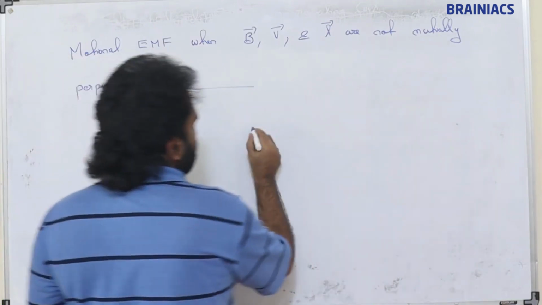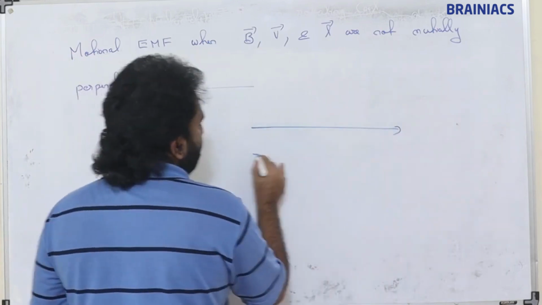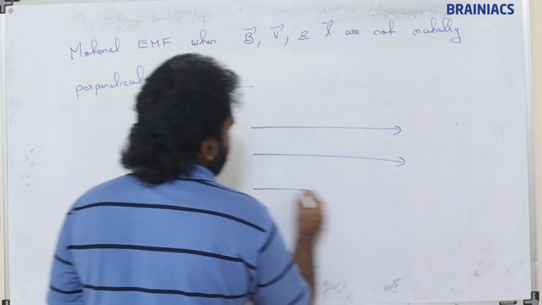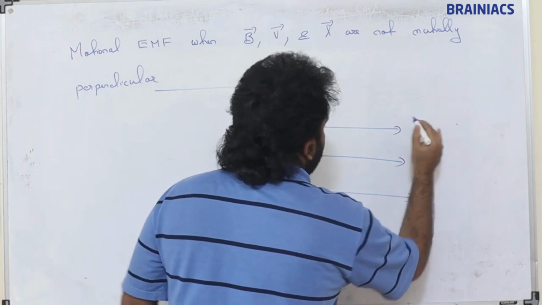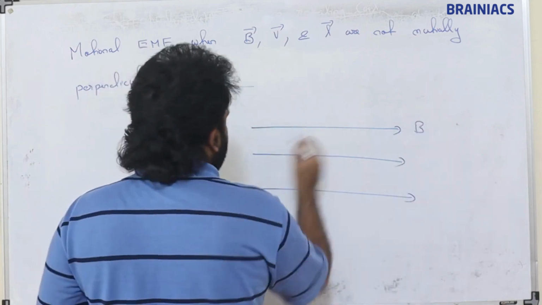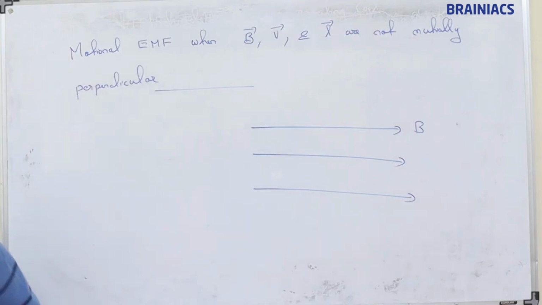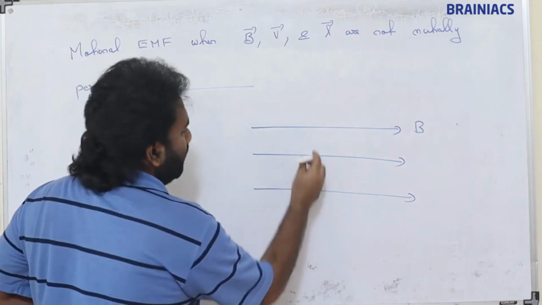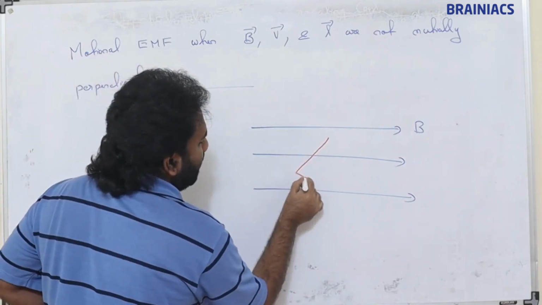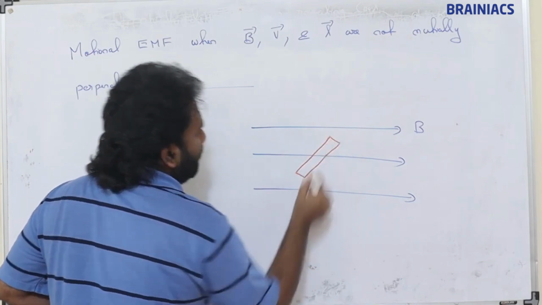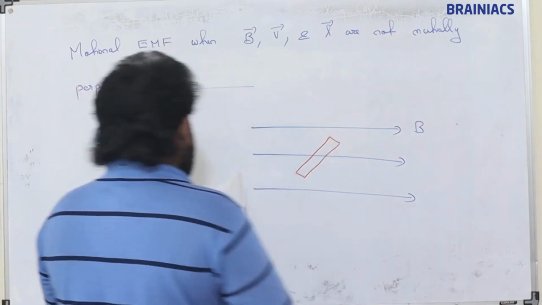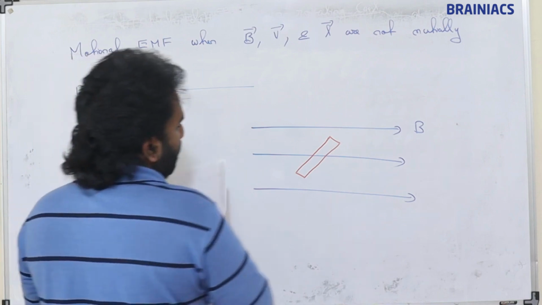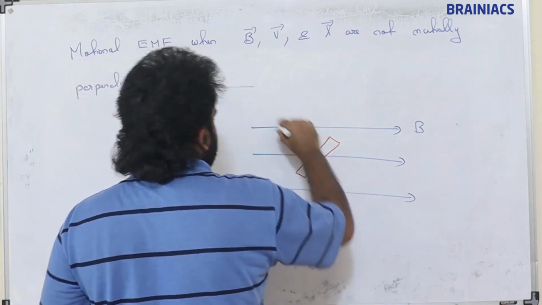Suppose this is the direction of magnetic field, and I consider a conductor like this, which is moving in this direction.